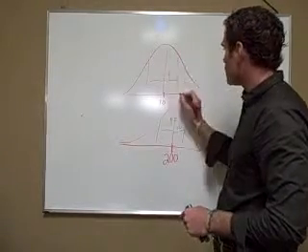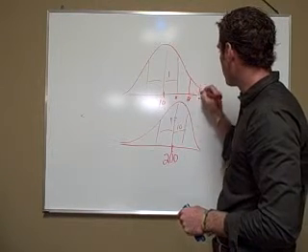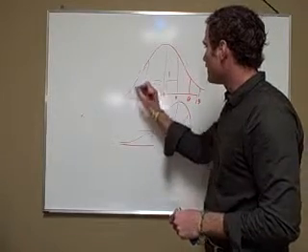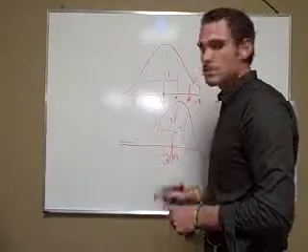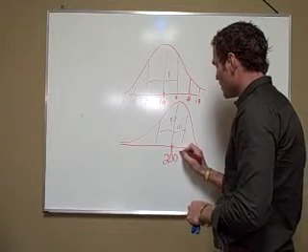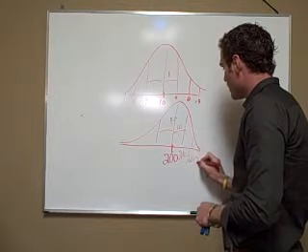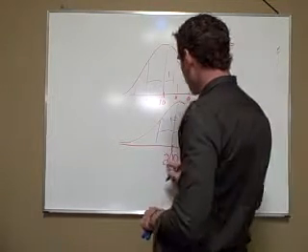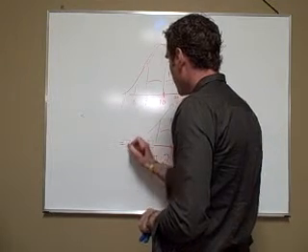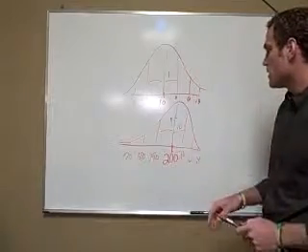So if this standard deviation is 1, it's very easy to label this. It's just 11, 12, 13, and 9, 8, 7. If this normal curve has a standard deviation of 10, then again, you can fill this in: 10, 20, 30, 190, 180, 170. Very easy to label these normal curves.